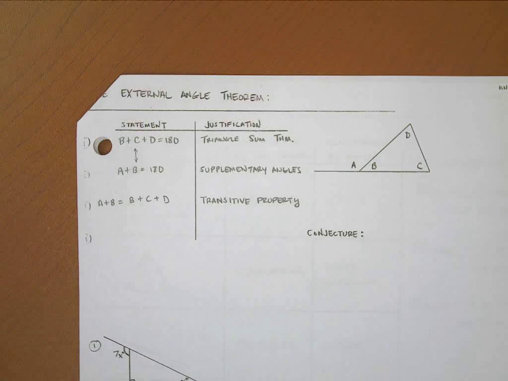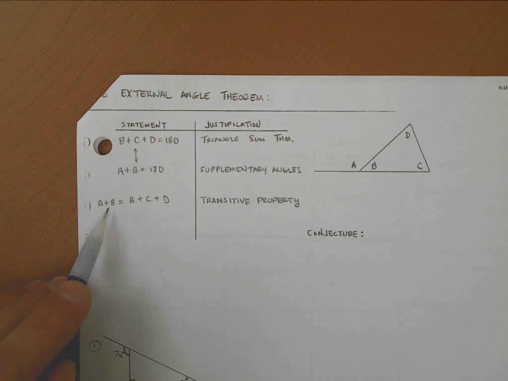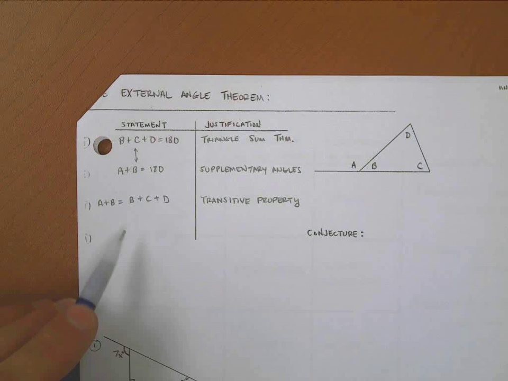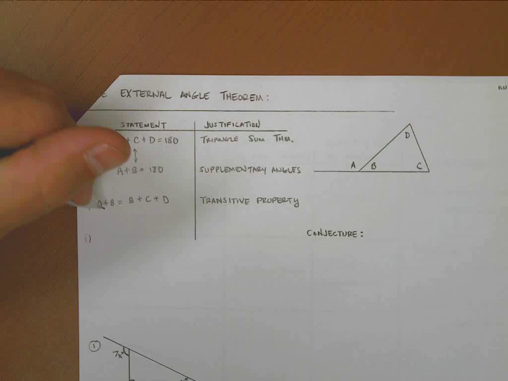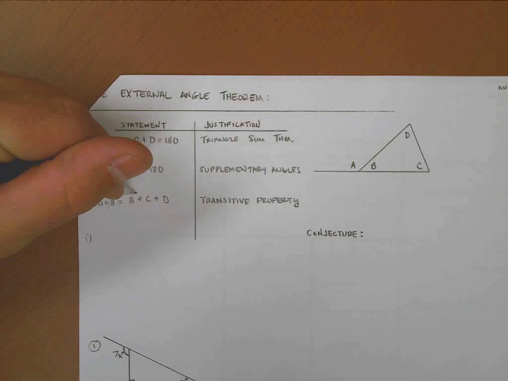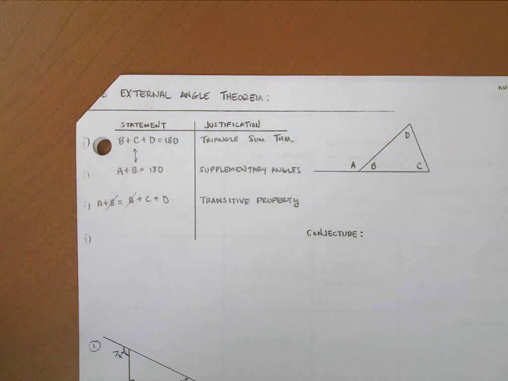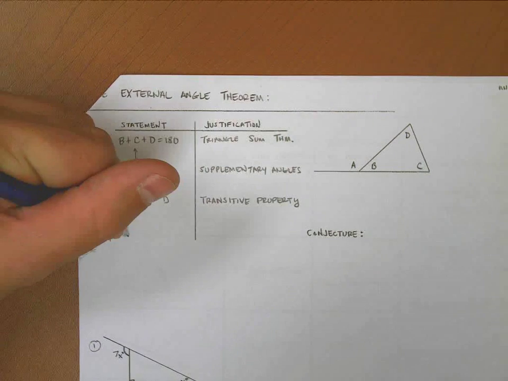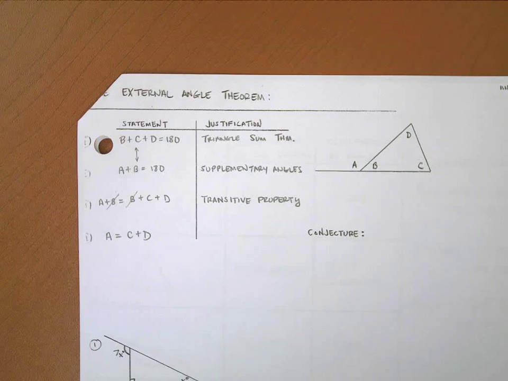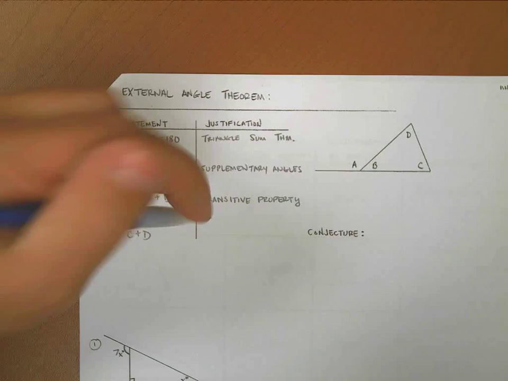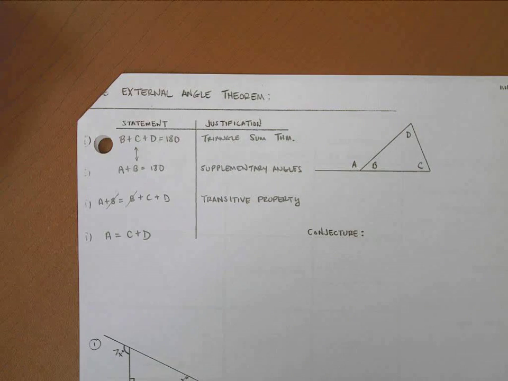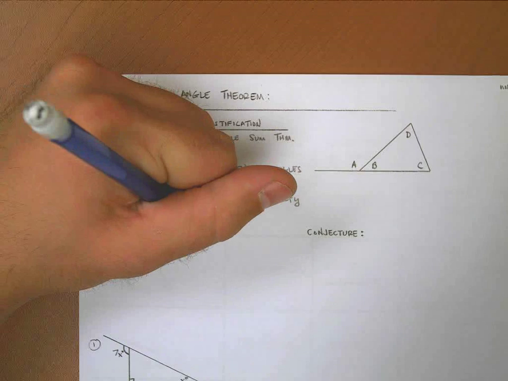Now, last step. I have a B on both sides. Couldn't I subtract that out? What's the point in adding B to both sides here? So if I cross this B off and this B off, I'm left with A is equal to C plus D. And I knew that because I could subtract B from both sides, right?